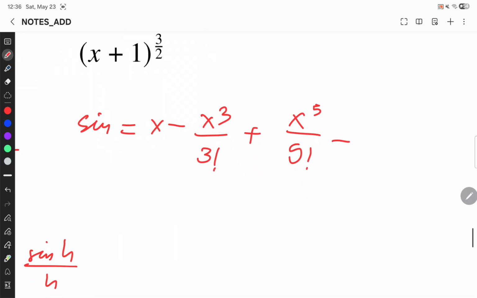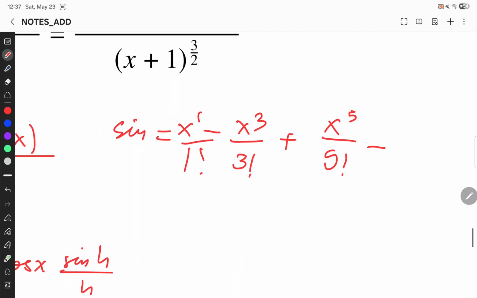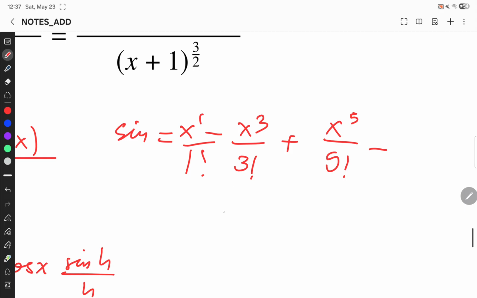The signs alternate and there are x to the odd power divided by an odd factorial. These all have this x in them. You can factor out this x. This is x times 1 minus x squared over 3 factorial, plus x to the fourth over 5 factorial, and so on.